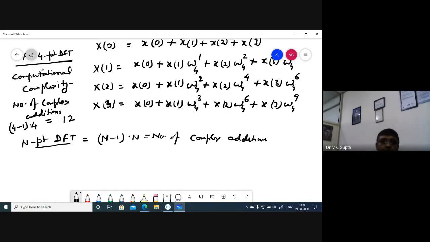For the 4-point DFT we have 4 minus 1 into 4, 12 additions. Similarly, for any N-point DFT we have N minus 1 into N complex additions.